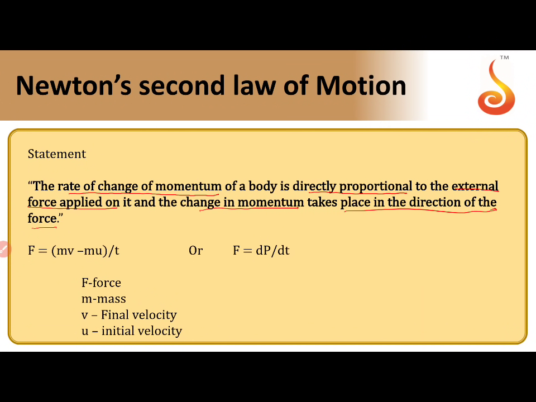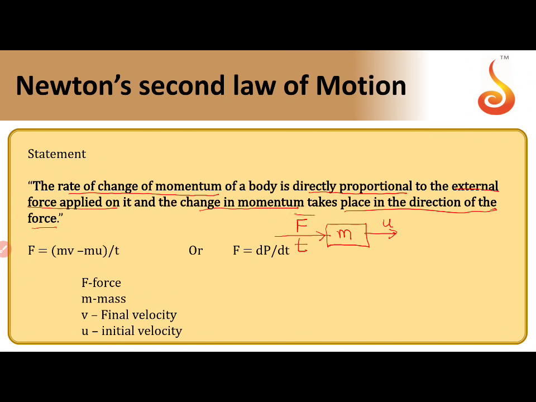Let's say, for example, there is a body of mass m. It is moving with a velocity equal to u. On such a body, I will exert a force F for a time equal to t seconds.